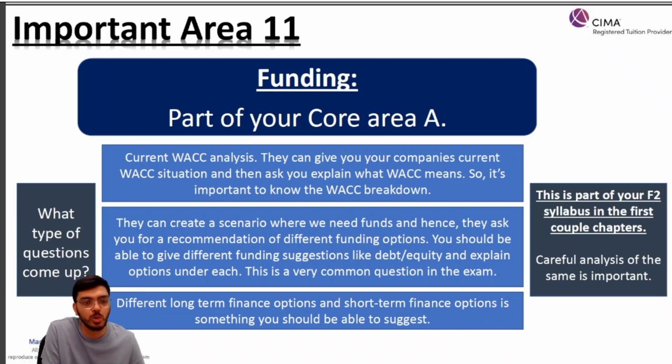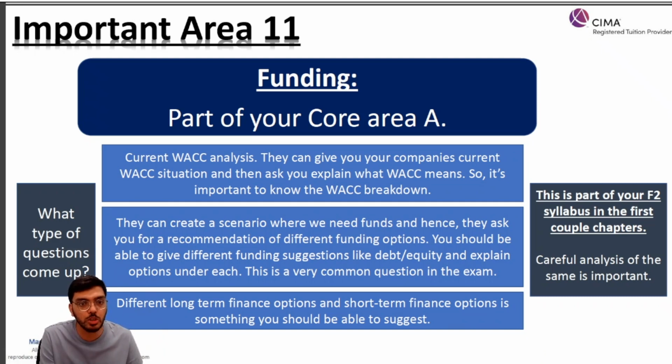You'll only be able to answer this question if you know what your current gearing ratio is, what your current equity ratio is. If the gearing is too low, you suggest gearing. If equity is too low, you suggest raising new equity. But you can only do that if you have F2 knowledge and you know the pre-seen well. So both of these need to combine, but it is a common exam scenario. They can also ask you to suggest long-term finance options, short-term finance options.